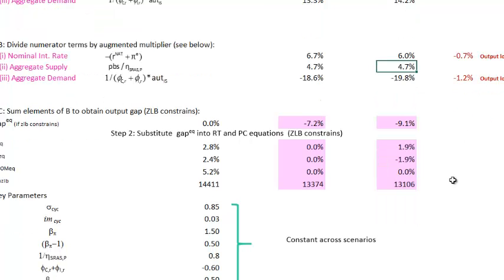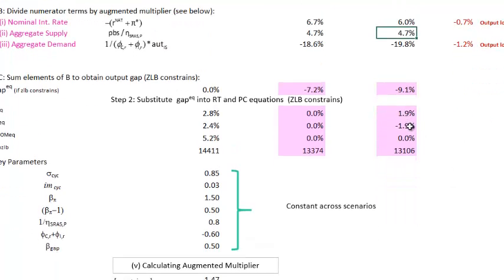We can see now that the equilibrium real interest rate is now higher, and the equilibrium inflation rate is now lower, and in fact we have a deflation here.